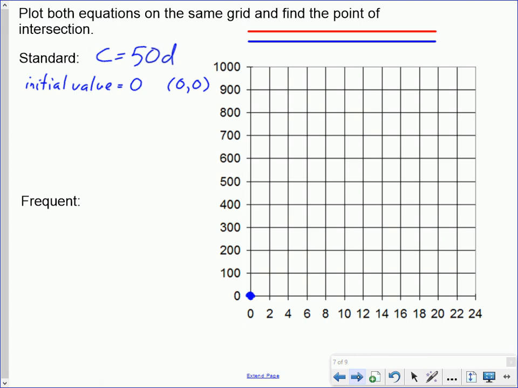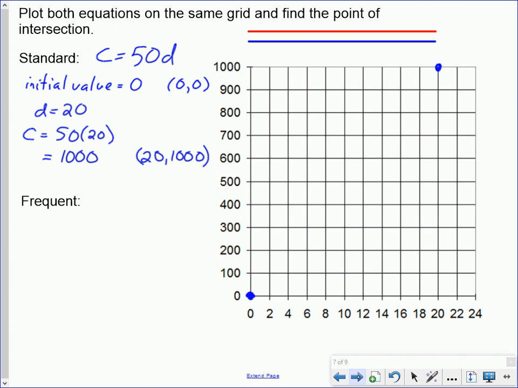Let's pick the point D equals 20, and let's find out what the cost is going to be. 50 times 20 is going to be 1,000. So we have the point 20, 1,000. So that point is going to be 20, and then we'll go all the way up to 1,000 right here.